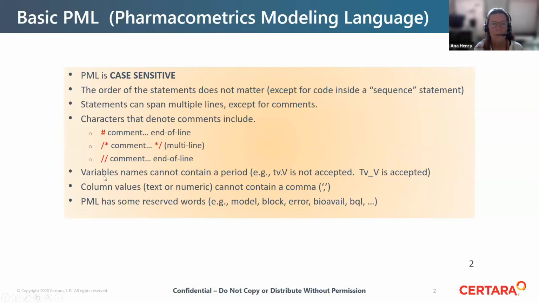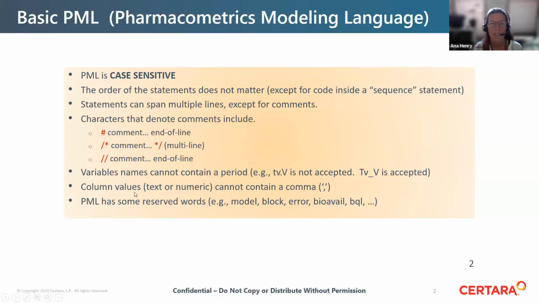Also, variable names cannot contain a period, so you wouldn't be putting a typical volume like V period V. That wouldn't work, but you can use an underscore, or you can use nothing, just TBV. So just to point that out. And also, the values of your columns cannot contain commas.